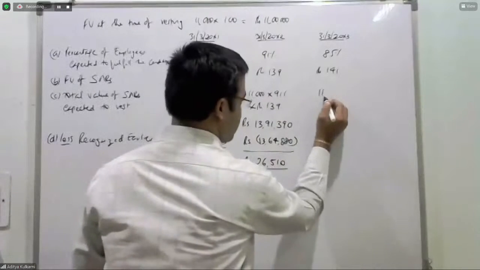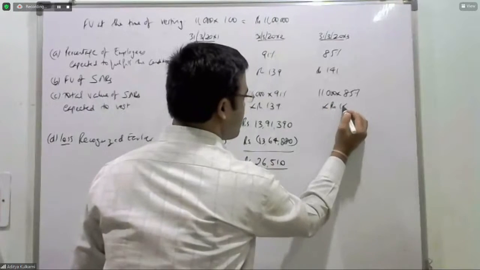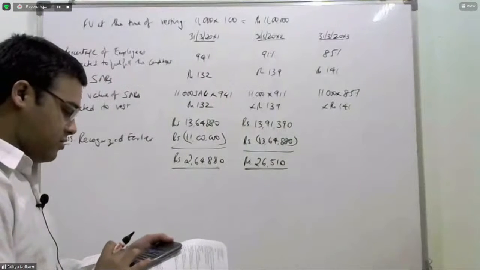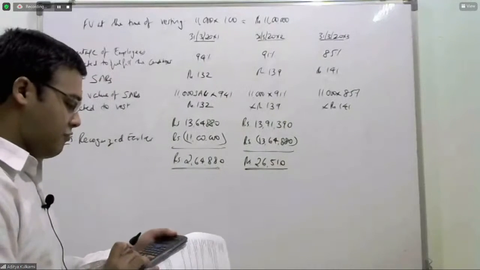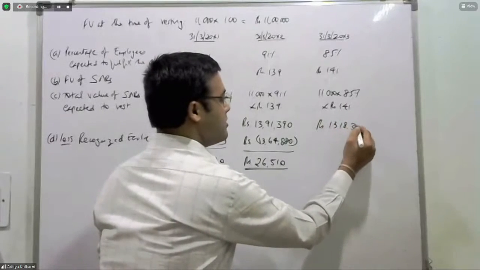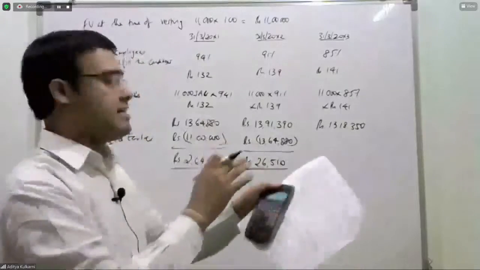Then finally what has happened? 11,000 into 85% into rupees 141. So 11,000 into 85% into 141, 13 lakhs 18,350. This is the actual vesting liability that is there.